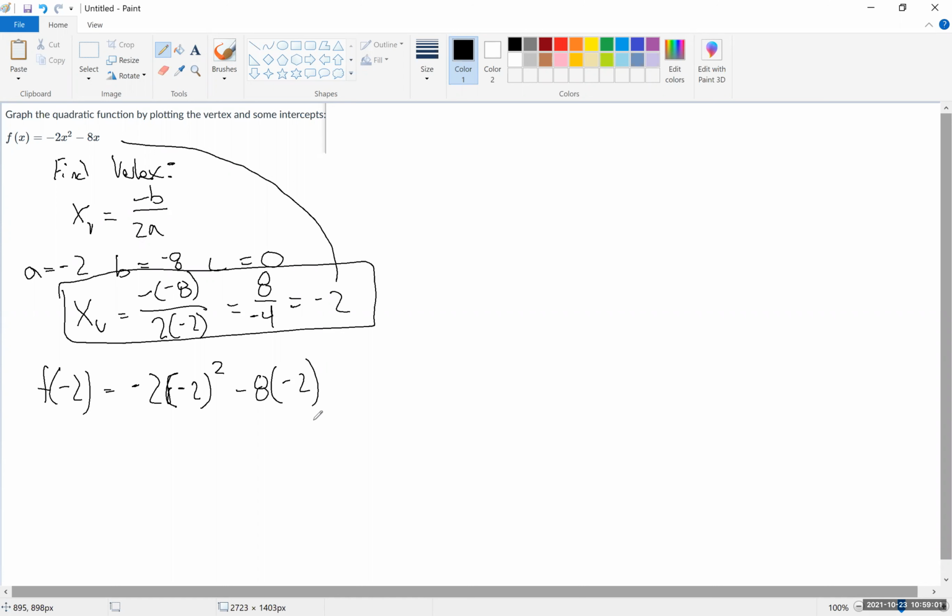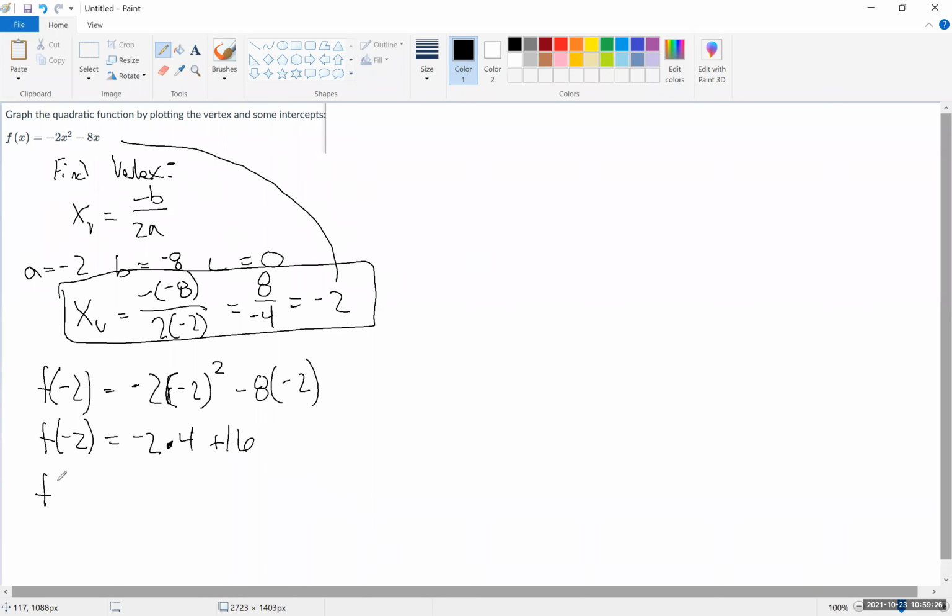And we simplify. I'm going to write out every step. I don't expect students to write out every step, but I will. Negative 2 squared is negative 2 times negative 2. A negative times a negative is positive. 2 times 2 is 4. So that's times 4. And then negative 8 times negative 2 is positive 16.